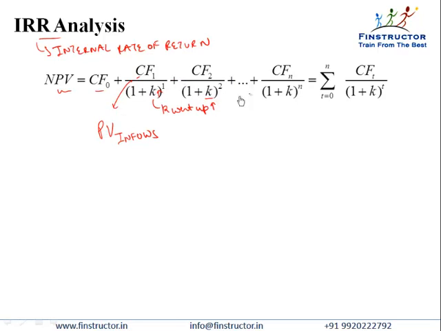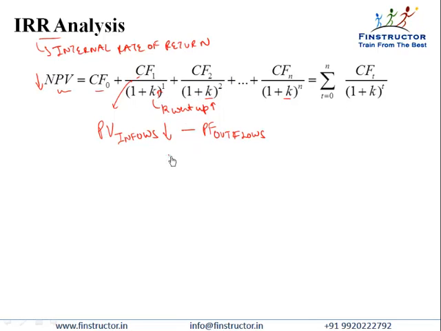As we divide them by a higher denominator, the value of all these fractions will go down. So the present value of the inflows will go down. The present value of the cash outflows would remain the same, assuming there is one big cash flow at the beginning of the project. So the NPV would start going down.